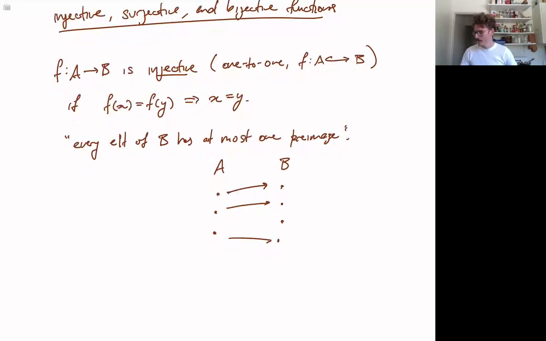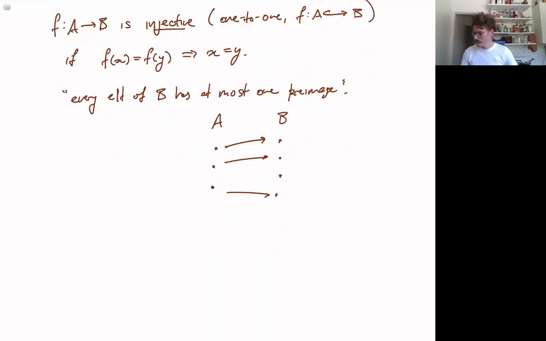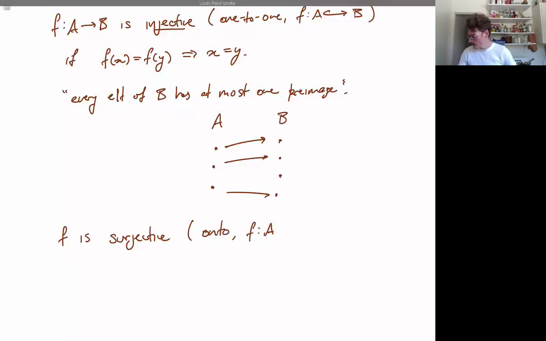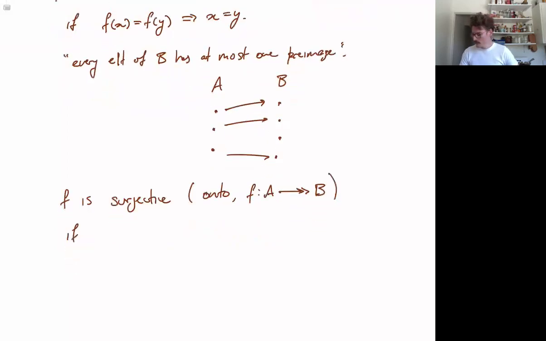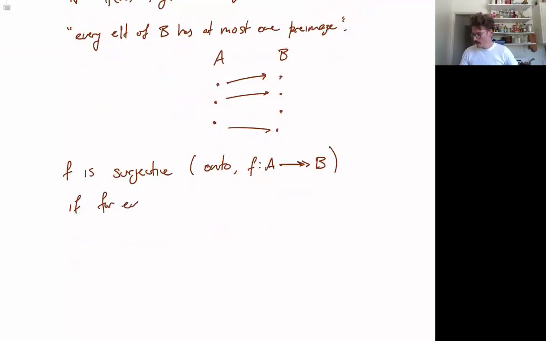This is injective. Let's give them all in a row, and then we'll see some examples. F is surjective, aka onto, and commonly denoted with this double pointed arrow, if for every element of B, there is an element of A that maps to it.